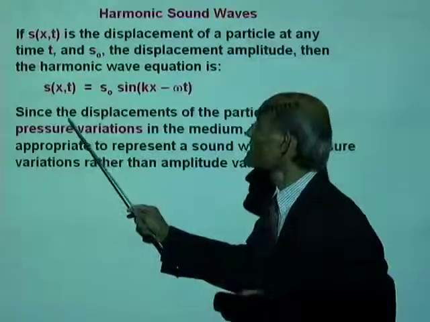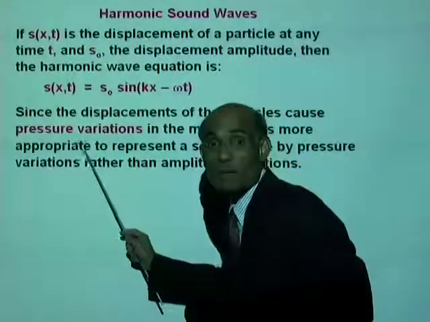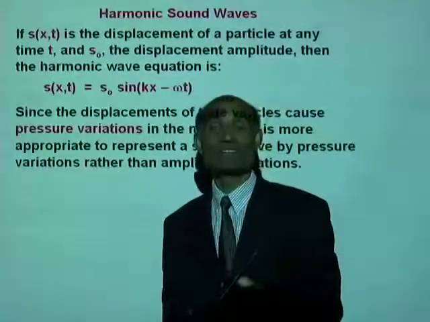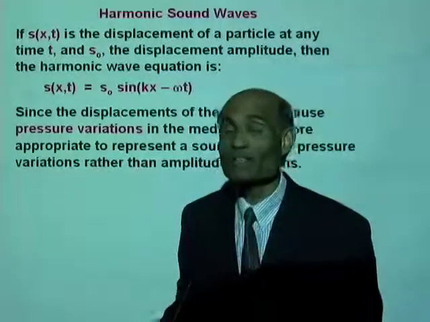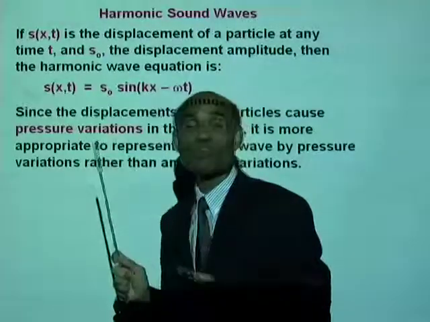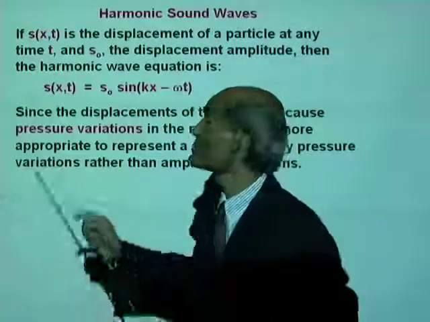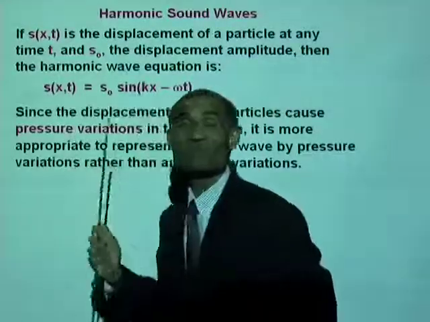Now, since the displacements of the particles are caused by pressure variations, it is more appropriate that we represent the harmonic sound wave for the pressure variations rather than the displacement variations.